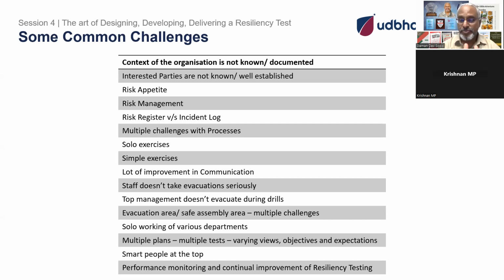So this is a gap, an area of improvement, or an area to test in your resiliency test. And truly speaking, if you don't know the context of my organization, for example, or the interested parties for my organization, I cannot do well on any of those programs. All these programs are interrelated, and this portion is common.